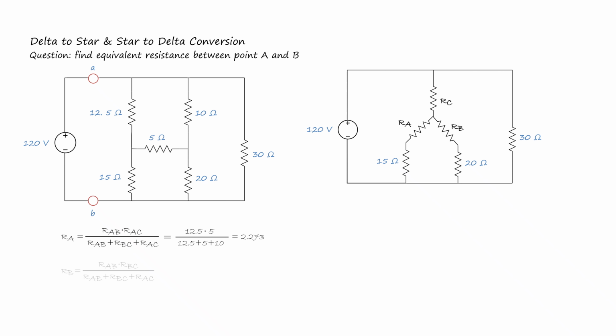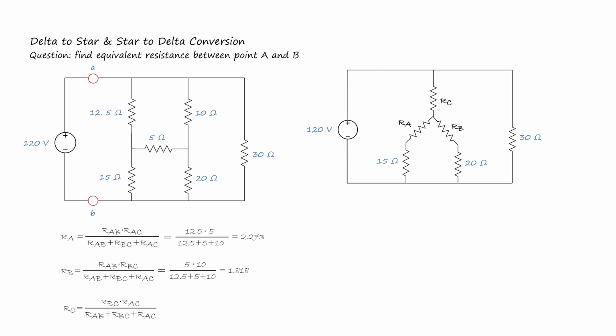And the next one is R_B. We put the values in the formula, which are 5 and 10. So 5 times 10 over the summation of resistors in the delta network, which is equal to 1.818 ohms.